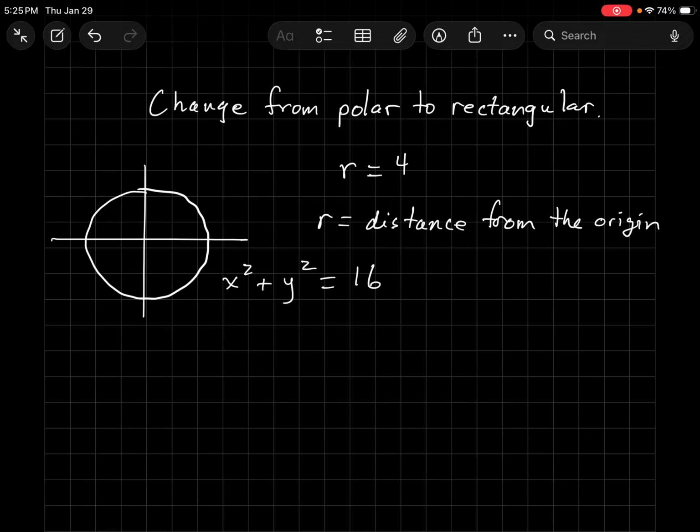Well, then I can go back to my 4 right triangle trig equations, the 3 with Pythagorean, and notice that if r equals 4, then r squared is 16. But I know that x squared plus y squared is r squared. And I arrive at the same answer.